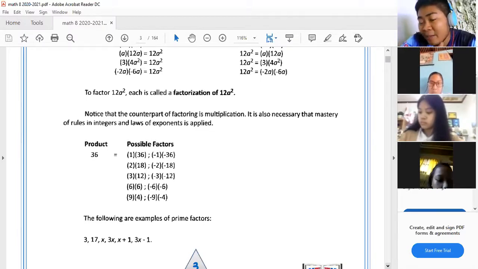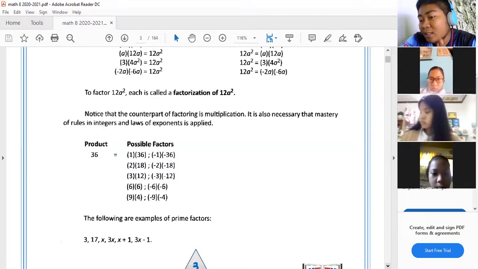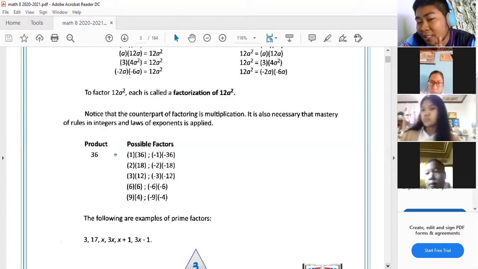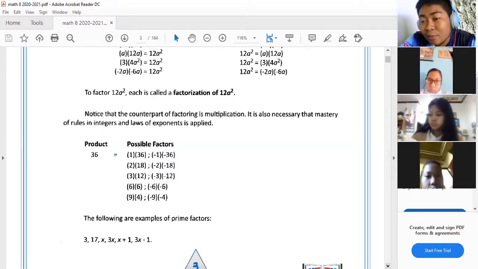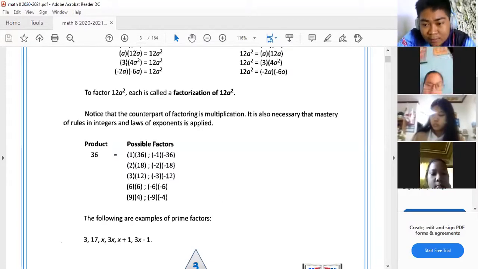Also 3, ayan mga yan, 5, 7. Ang 9 hindi pwede kasi hindi siya prime factor kasi 3 times 3 pwede siya. Diba? It is equal to 9. 15 is not a prime number also kasi meron tayong 3 times 5. So basta ang numbers na itself and 1 lang yung prime factors natin.